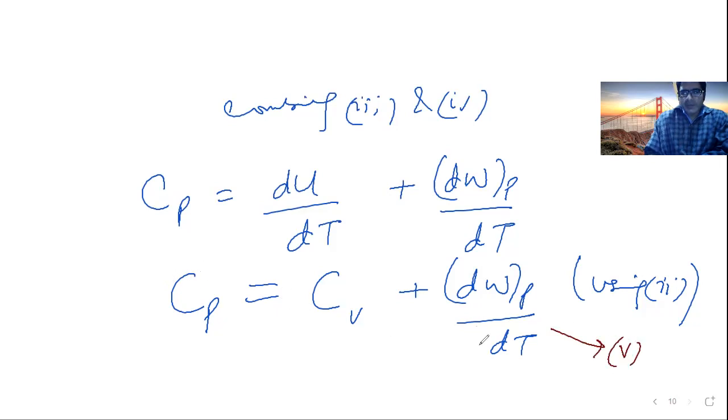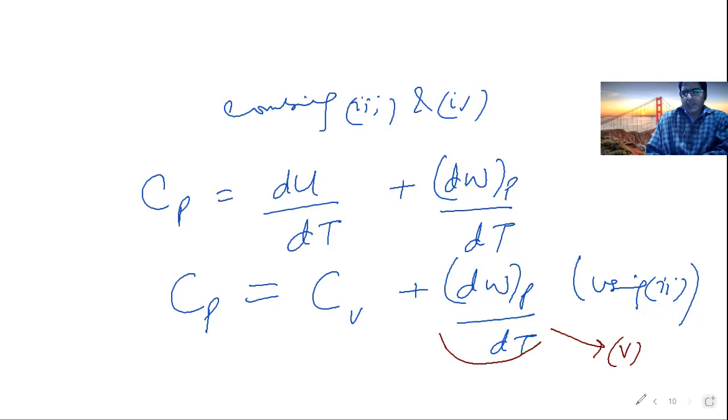Now we said we want to find something: this term. This term is what? The ratio of the work done by the system at constant pressure over the change in temperature of the system. Now this equation holds for any system. It can be an ideal gas, a real gas, a liquid or a solid.